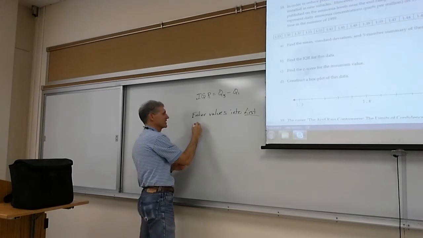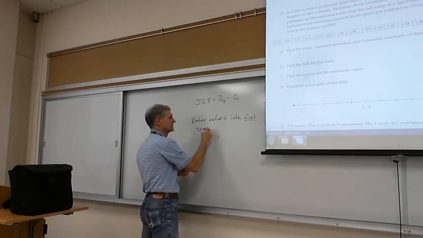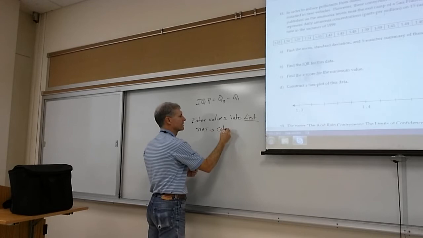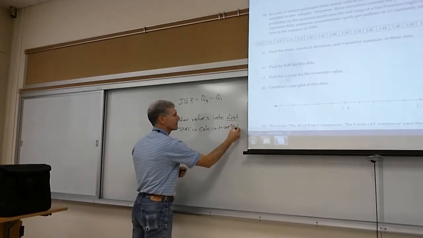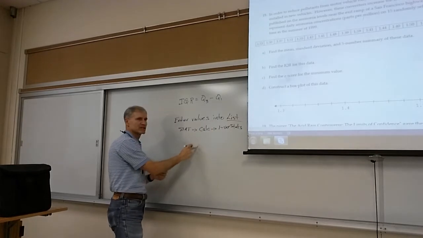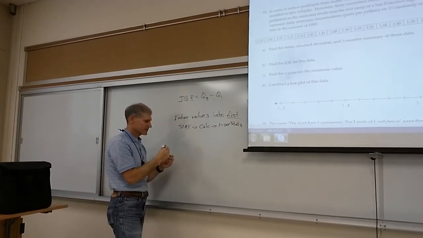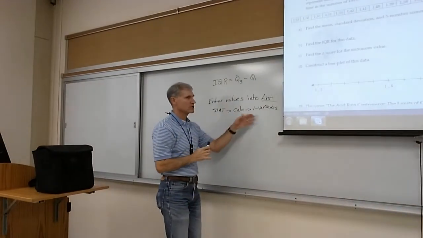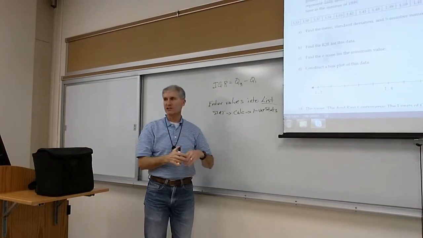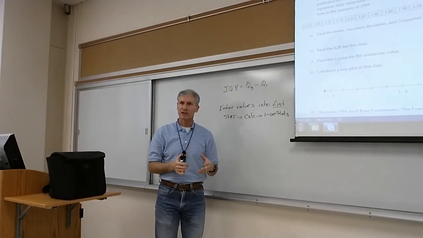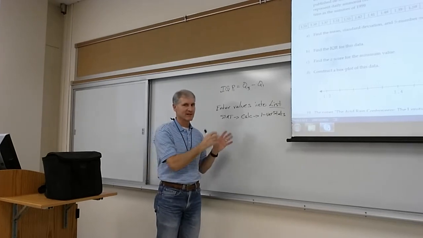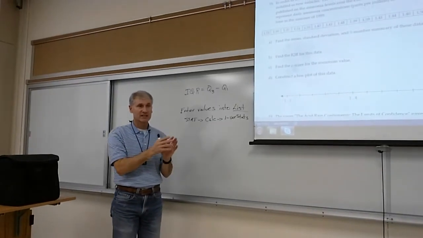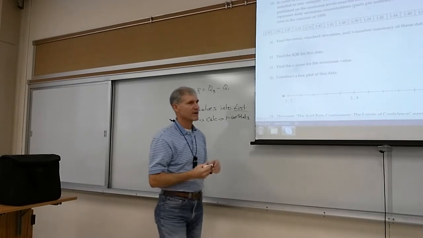One var stats. So you go stat button, calc, and then one var stats. And then tell it what list you put it in. By default, if you used L1, you don't have to tell it. That's the one it'll use if you don't give it one. But that's a dangerous habit to be in. I like to tell it even if it's L1, just so I'm always in the habit of making sure I've analyzed the correct data.